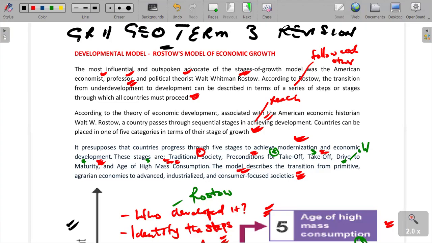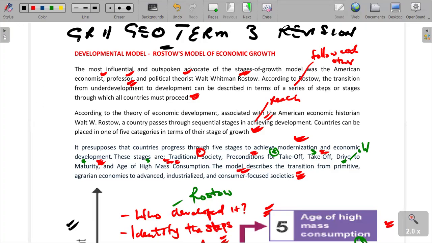If we analyze the various countries in the world, we can find that each of the countries can fall into the five stages that Rostow identified. They follow one after the other. So it presupposes that countries progressively go through the five stages in order to achieve modernization and economic development.